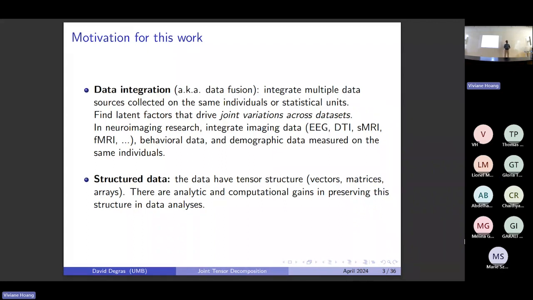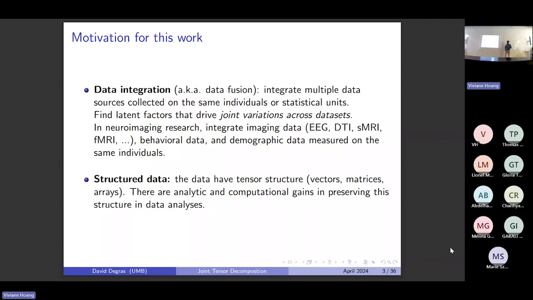And you might also have some other data, behavioral, psychometric data, demographic data, and so on. So this is one aspect. Another aspect is that nowadays a lot of the data that we collect and analyze have a lot of structure. You might have a tensor structure. So what is a tensor? A tensor is just a multi-dimensional array. So a vector is a tensor of order one, a matrix of order two, an array, tensor of order three, and so on.